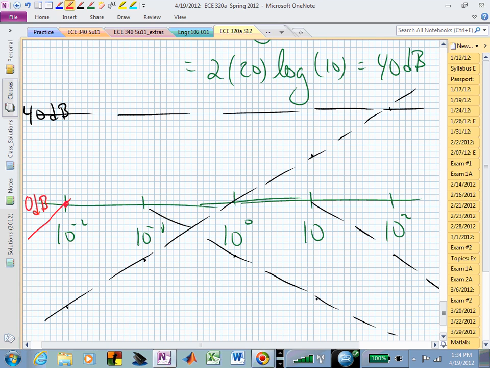So now I want to go up 20 dB per decade until I reach a break. And at that point, I'm going to be flat. And then I will come down and I'll be parallel to this last curve, and that should have gone through 0 dB at 10 to the 2, which is 100. So there's your magnitude sketch.